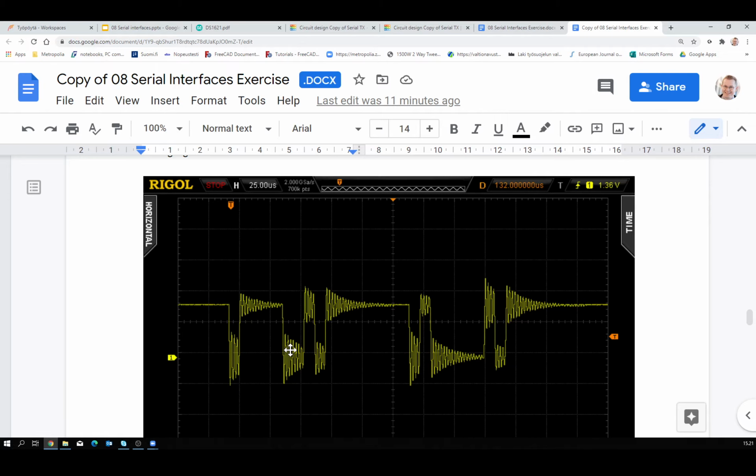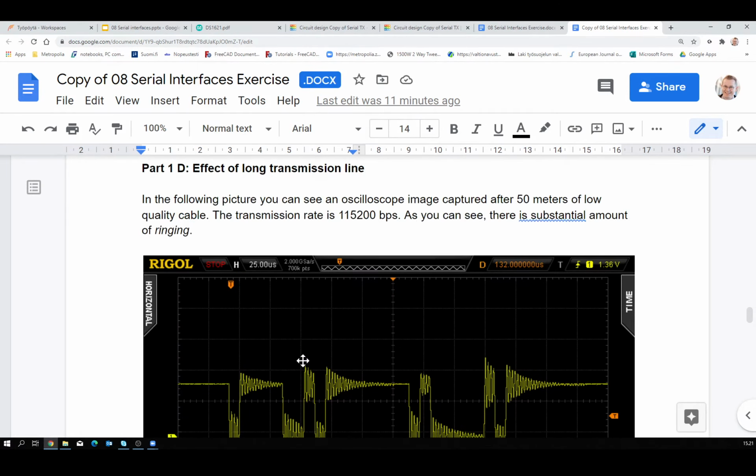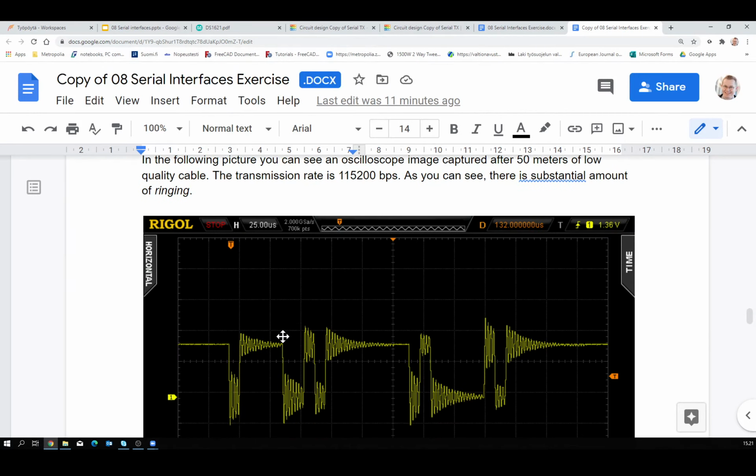And it just happens to have 50 meters of low quality cable. And what happens if you transmit data at 115,200 bits per second? This is a real measurement.